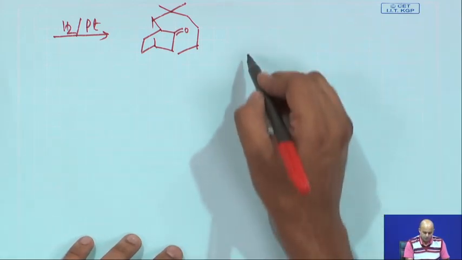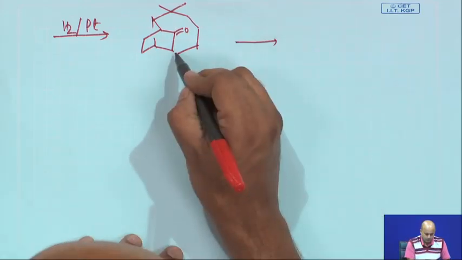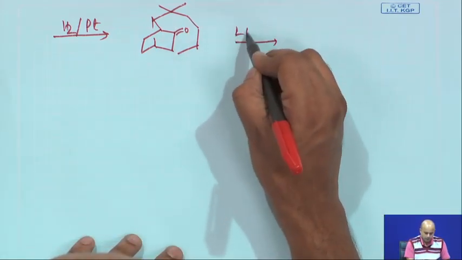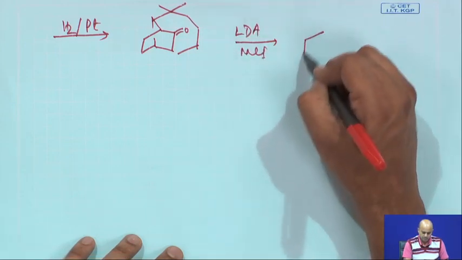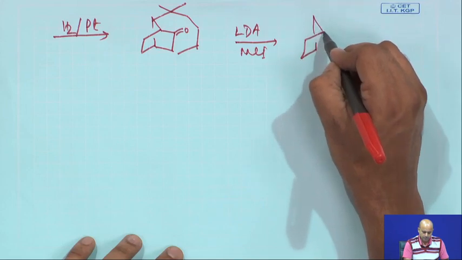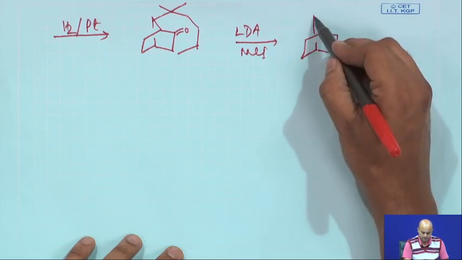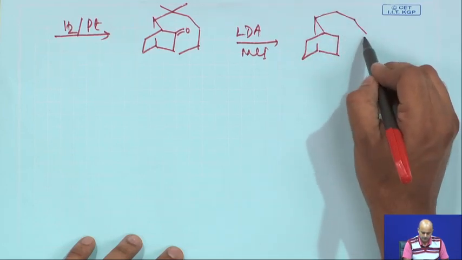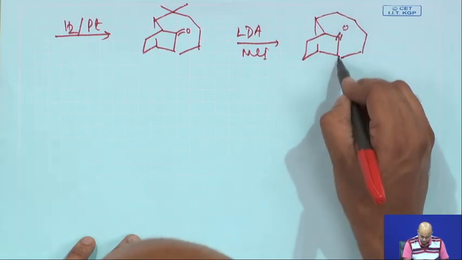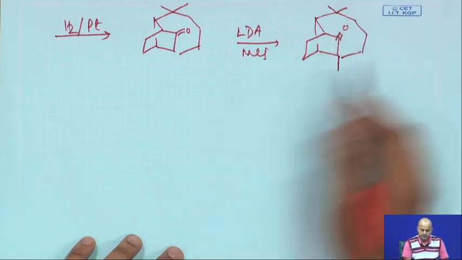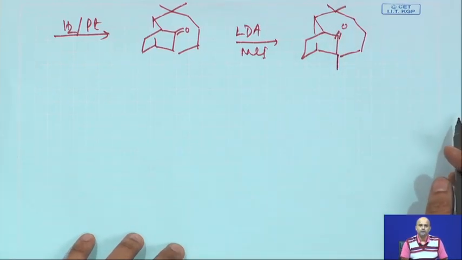But now, you are very close, you basically need to introduce the methyl group here. So, treat with LDA and methyl iodide, then what you will get? You will basically get the methyl insertion at this position, the remaining part all are similar.